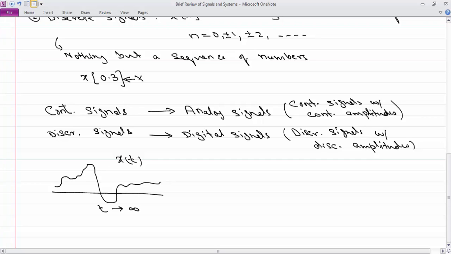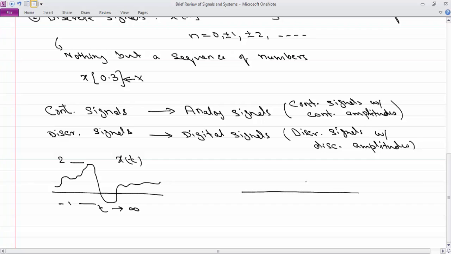And the amplitude that it is taking is also taking all possible values in a certain range. Of course, it doesn't have to take from minus infinity to infinity, but between this range and this range, whatever the number is, let's say this is 2 and this is minus 1, it's taking all possible values. It's passing through all values. So this is an analog signal, a continuous signal with continuous amplitude.